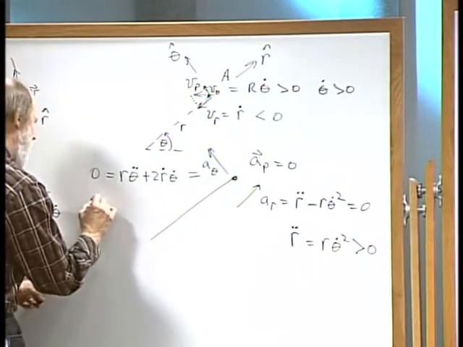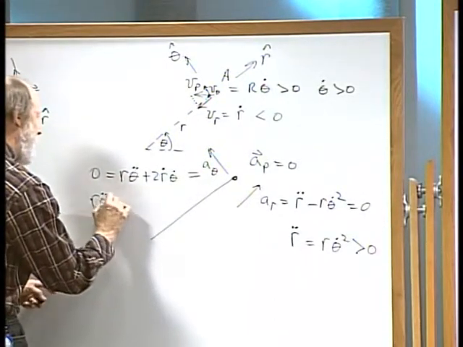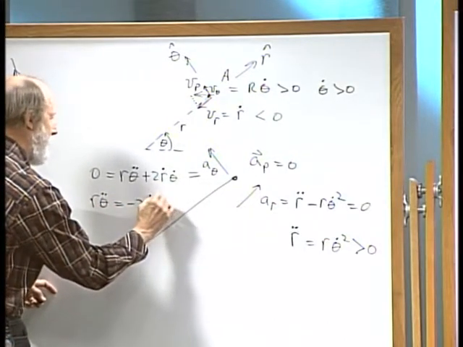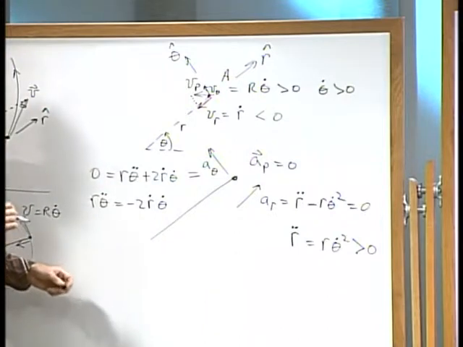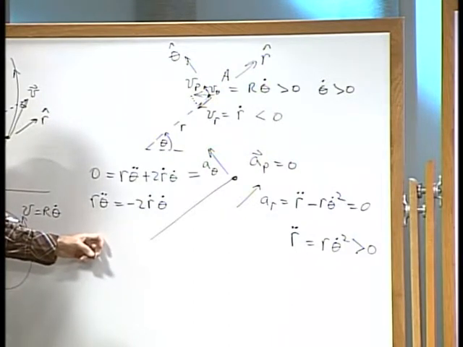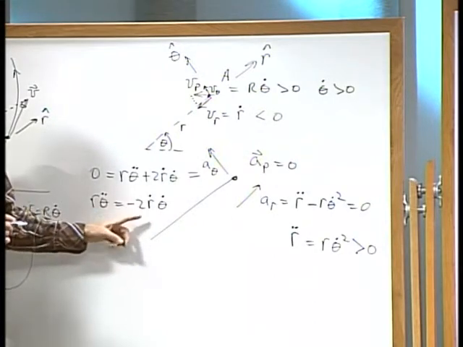So therefore, r theta double dot must equal the negative of 2r dot theta dot. What is it we were questioning? We were questioning just r double dot. Well, let's look at this stuff for a second.